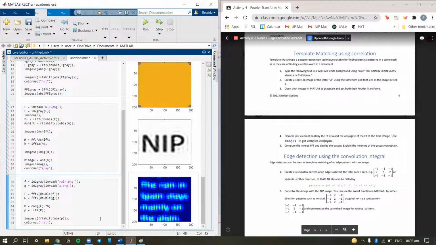Ayos ba? Yeah. Okay, cool. That's template matching. So you can have two letters, a phrase, a word, and it can look for that match, so long as they exactly look like each other. Okay? Cool? Yes. That's it.